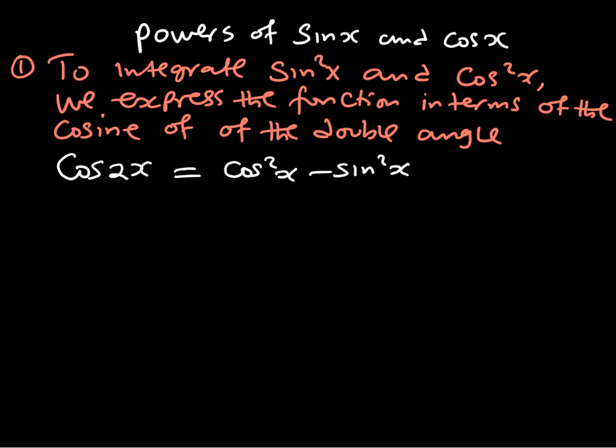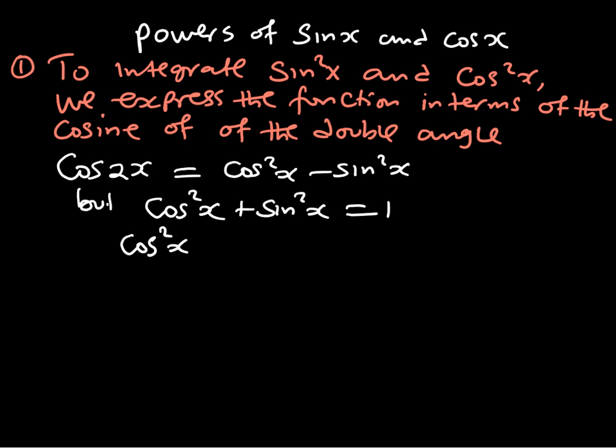That's a trigonometric identity, but we also have this Pythagorean identity: cos squared x plus sine squared x is equal to 1. If you make cos squared the subject, we have cos squared of x is equal to 1 minus sine squared x.